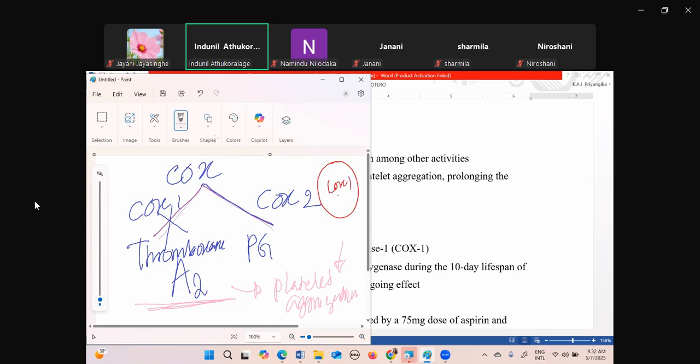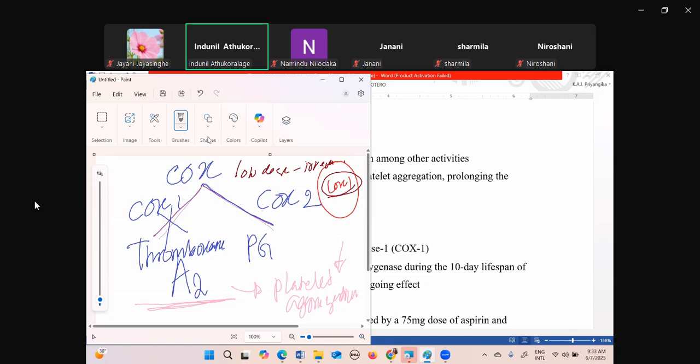COX-1. Why we can't achieve this at higher doses is, when we give a low dose, this COX-1 will be irreversibly inhibited. To produce new COX enzymes in the platelets, it will take 8 to 10 days, right?